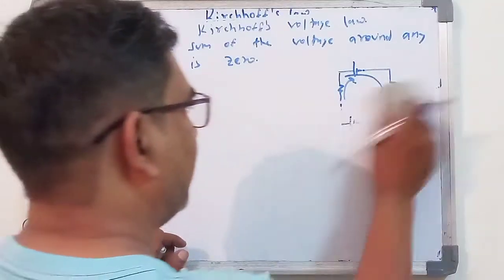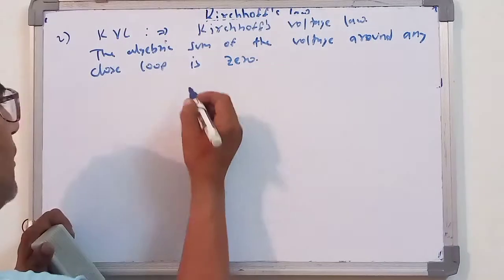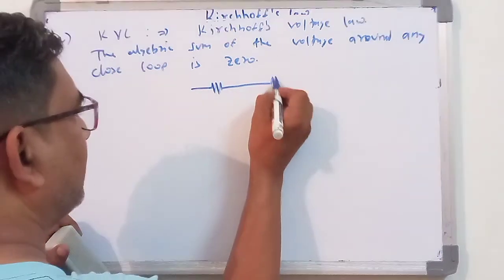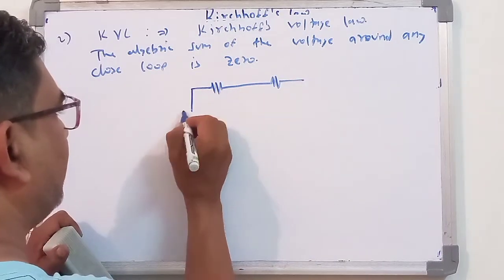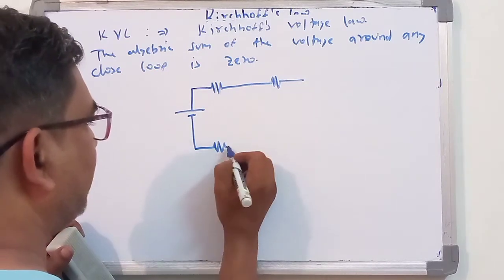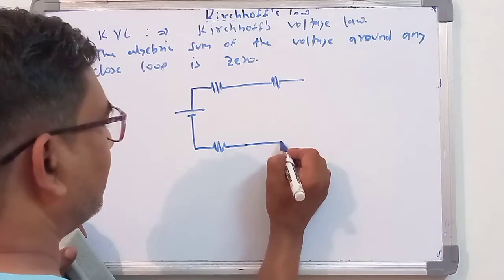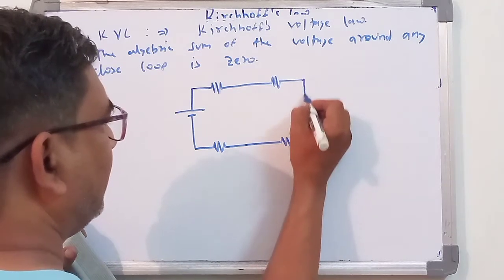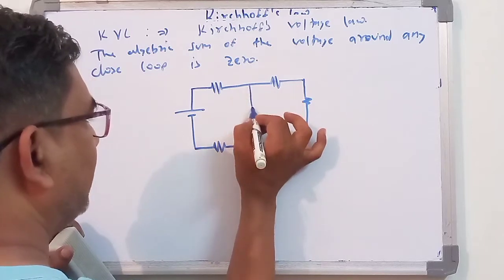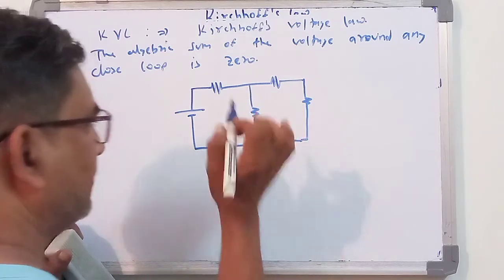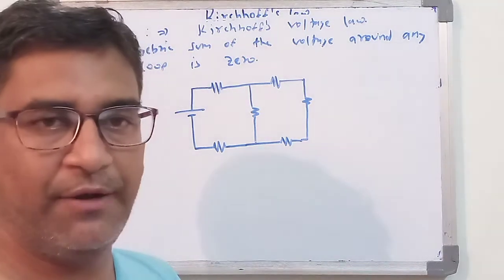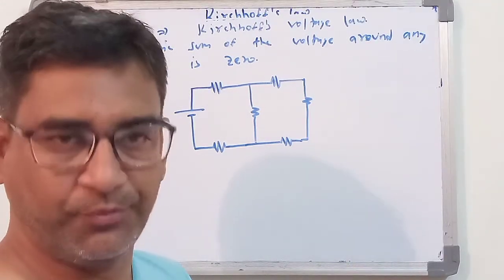Now consider the circuit. Suppose this is the 2 resistor with a voltage value like this. Again one resistor has been included, and here also one resistor is there, here also one resistor is there, and in between there is a resistor you have to consider. So from this circuit you are going to identify that there are 2 loops.